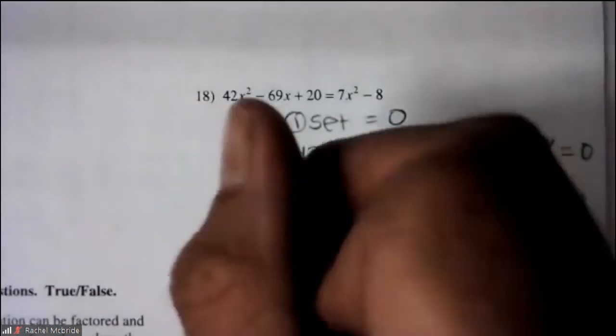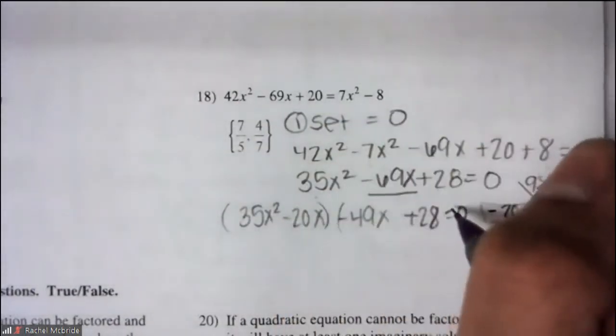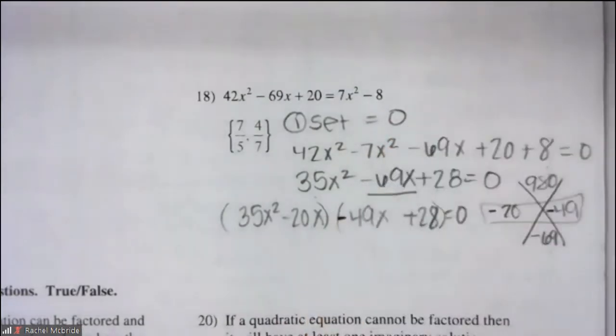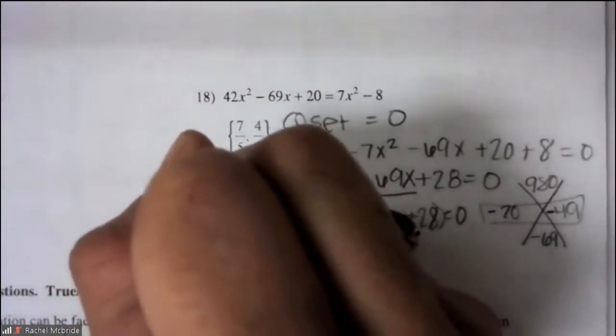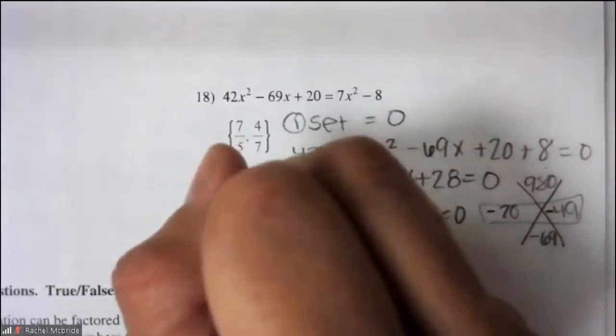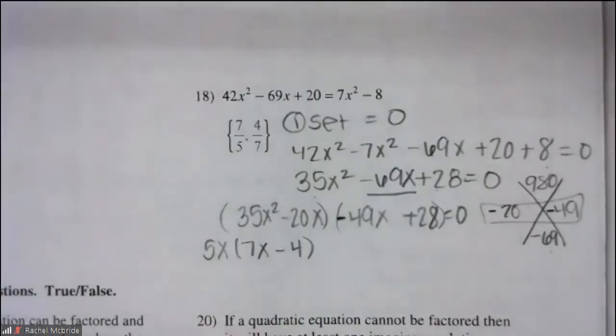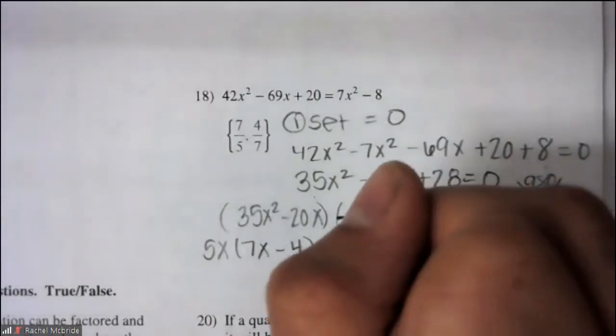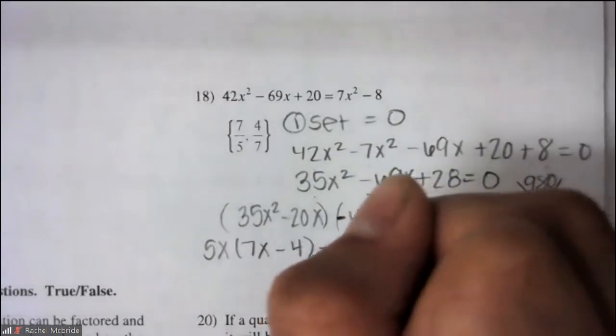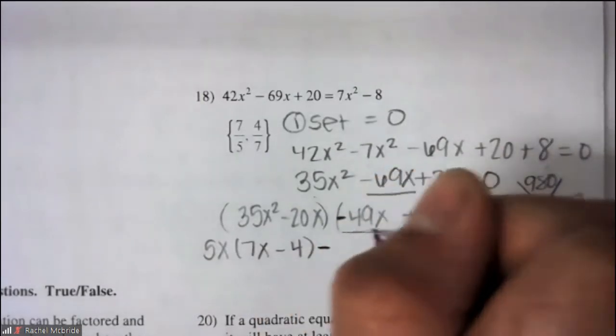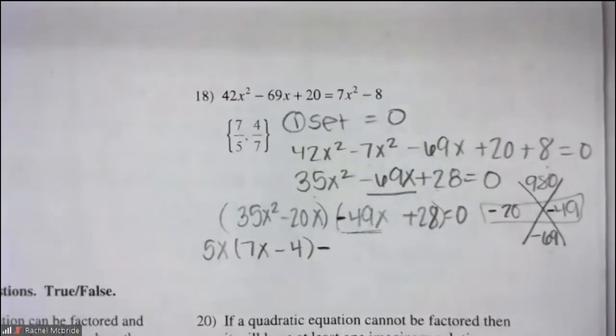Then you group together the first two and the last two, including your negative. I could take out a 5x, which leaves 7x minus 4. Here, you could take out a negative so that your first term is positive. Anytime you have a negative on the first term in the grouping, you take out a GCF of a negative.